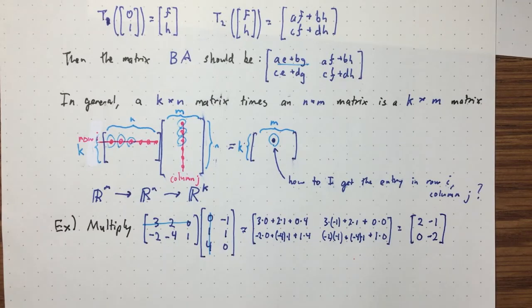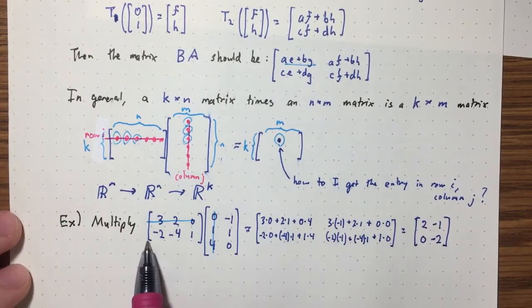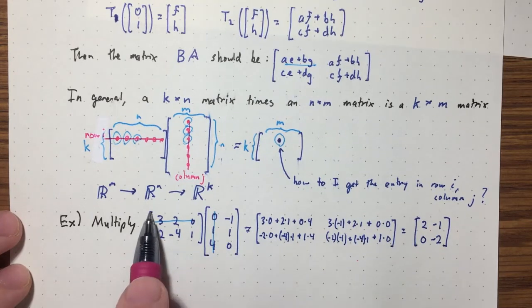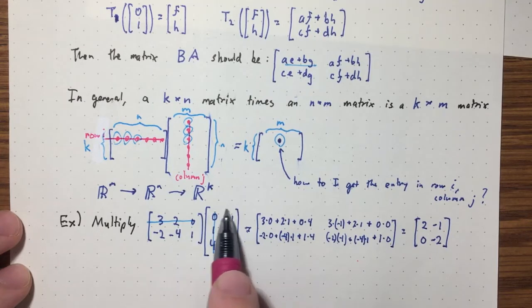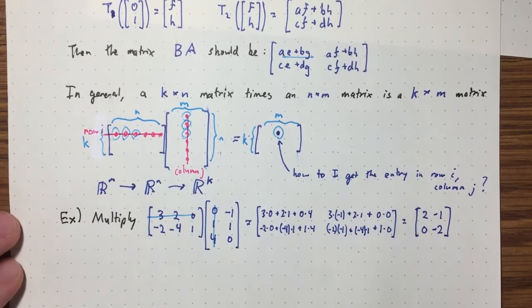And notice it is a 2 by 2 matrix. Is that what we expected? Okay, so here k is 2, right? n is 3, and then m is 2. Yes, so we are expecting a 2 by 2 matrix.